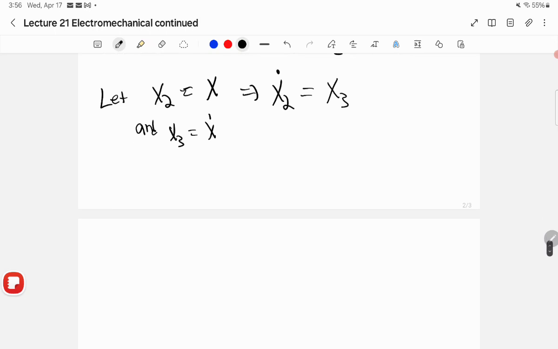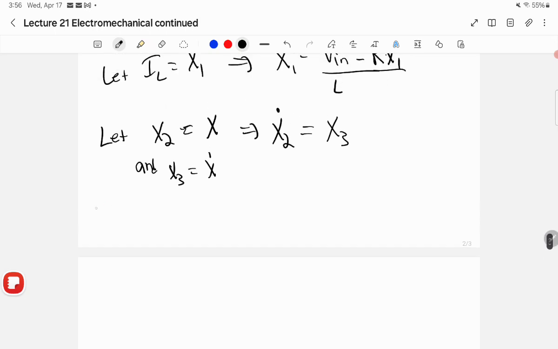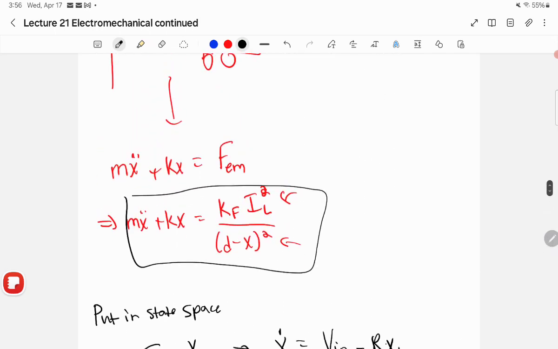Okay, and then finally, since x3 dot is equal to x double dot, let's go back and look at what we had.